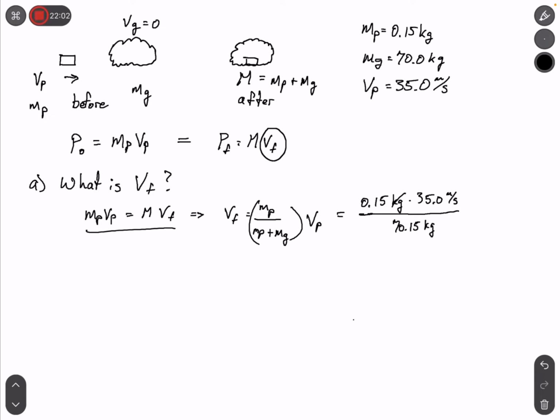Notice the kilograms cancel and we're left with meters per second, which is exactly what we want for a V final, right? So V final is equal to 7.5 times 10 to the minus 2 meters per second.